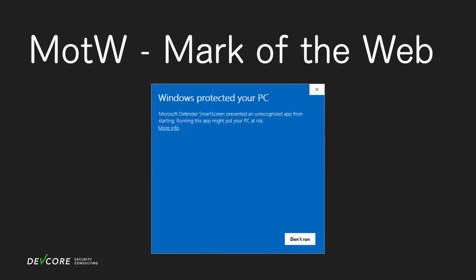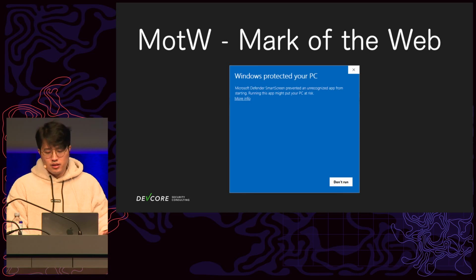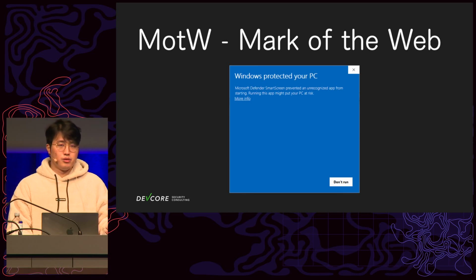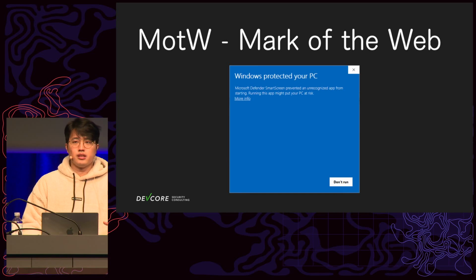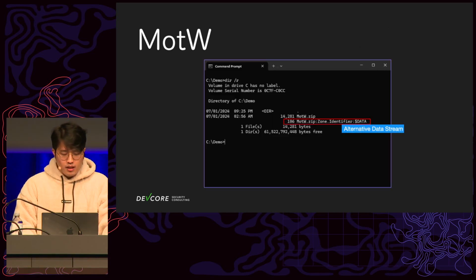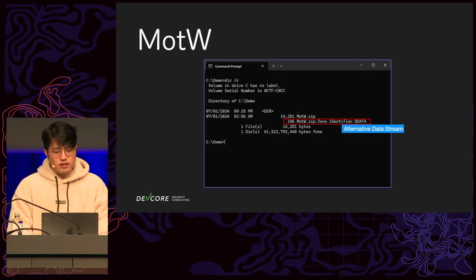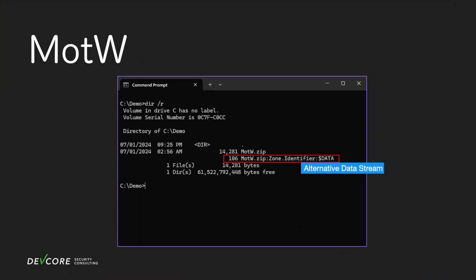An example of MOTW is when you download a file from the internet, the browser adds Mark of the Web to the file, so SmartScreen can alert you while you're trying to execute it. The MOTW is achieved by adding an alternate data stream to the target file on NTFS.